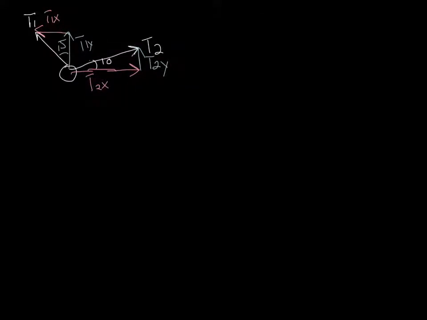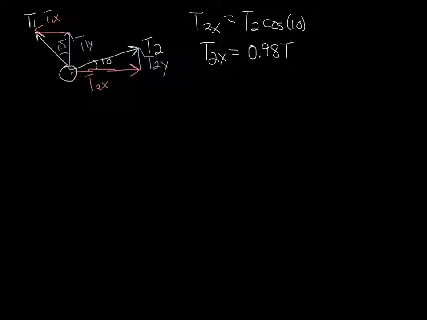So we've recreated our figure right up here in the upper left, and I can actually write down my tensions now. T2 in the x direction, and if I look at my triangle, I can see that it's adjacent to my angle, so that's going to be equal to T2 times the cosine of 10, and T2 times the cosine of 10 gives me T2x is going to be equal to 0.98 times T2.